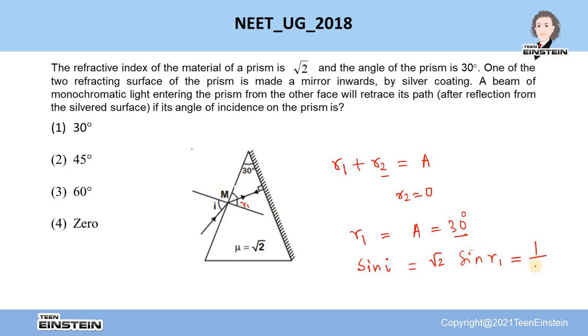So you will get this side as 1 by √2 and sin of I is equal to 1 by √2 and hence I will be sin inverse 1 by √2 which will give you 45 degree. Therefore the second option will be the correct answer for this question.